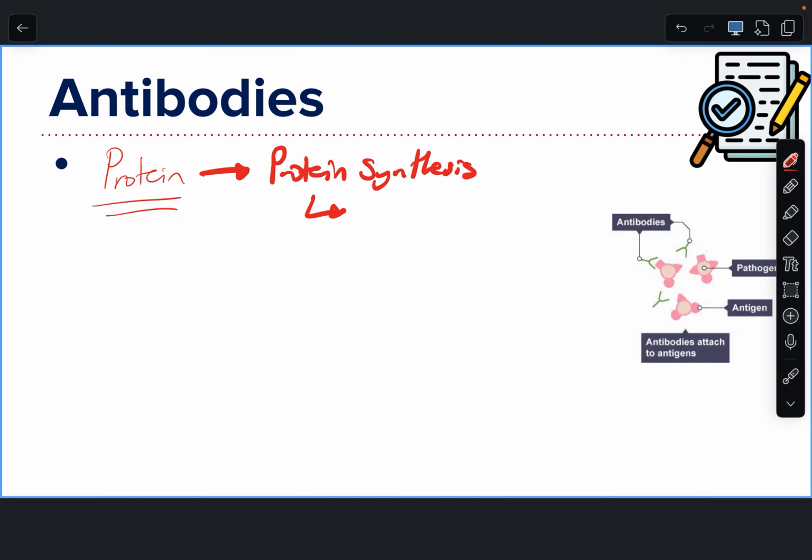And then again, protein synthesis, two things that should come into your mind when talking about it are the first stage of protein synthesis, which is transcription, and the second stage of protein synthesis, which is translation. The question could ask you, if a cell produces lots and lots of antibodies, how is that cell adapted for its function? Well, all protein synthesis occurs in a ribosome.